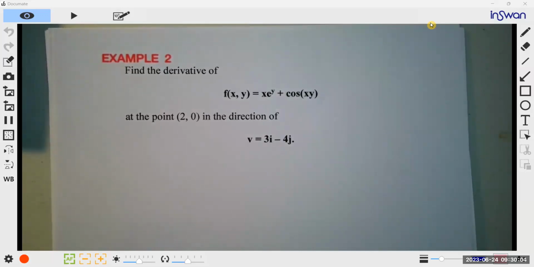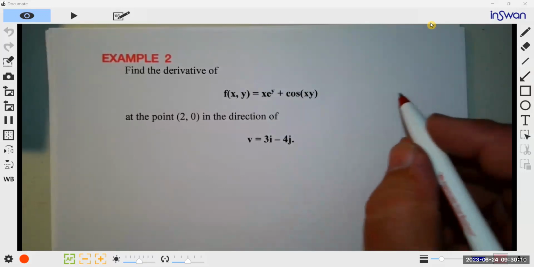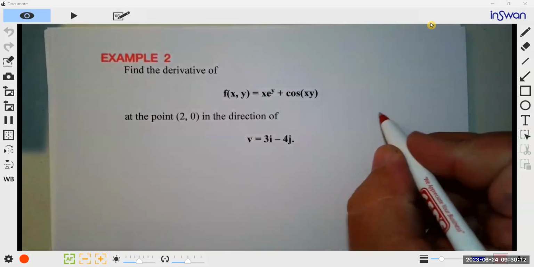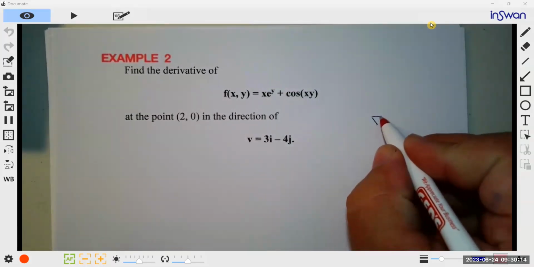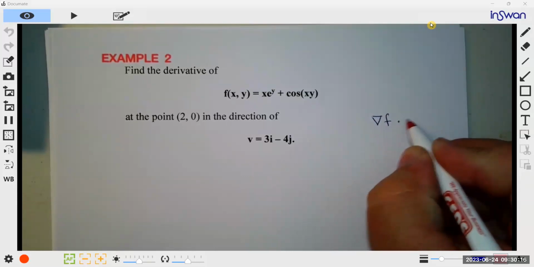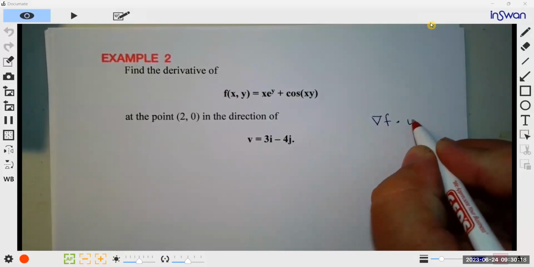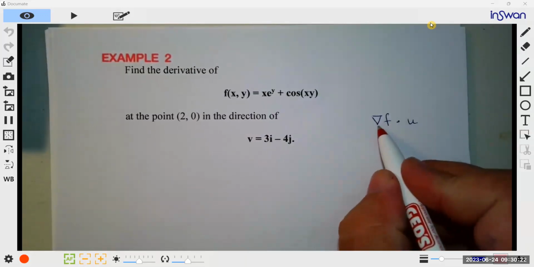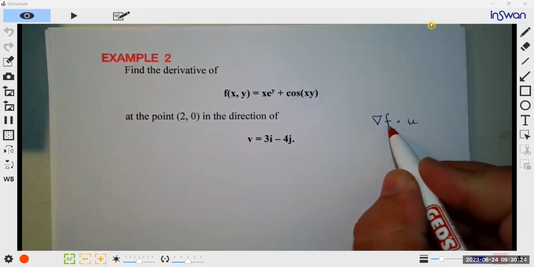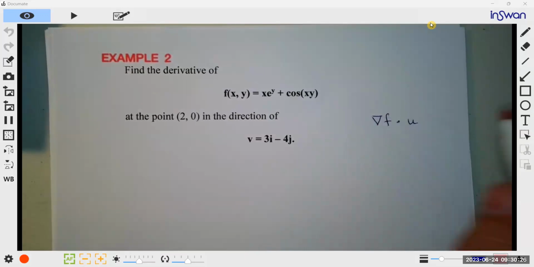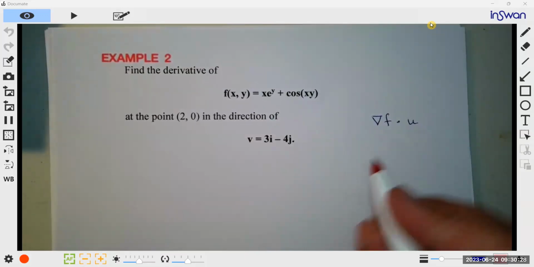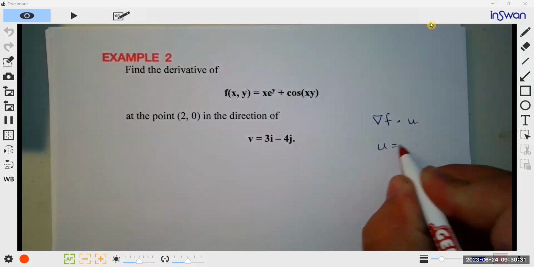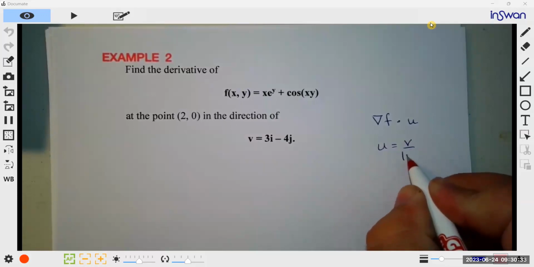Recall from our notes that we need del f, which is simply the partials of x and y, and the unit vector v over the magnitude of v.